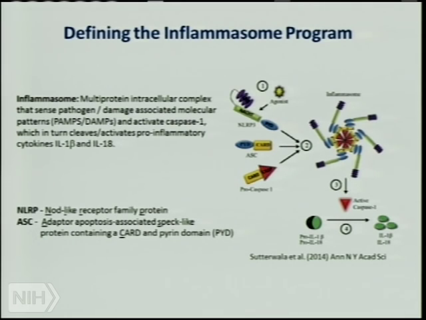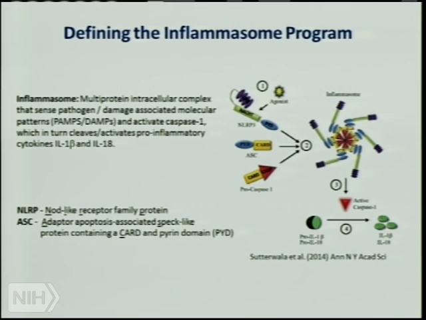So the inflammasome is a multi-protein intracellular complex that senses either pathogens, which are usually extracellular bacteria or crystals or cholesterol, or damage-associated molecular patterns, which could be intracellular. It activates caspase 1, cleaves pro-inflammatory cytokines, and drives the cytokine cascade. There are numerous different inflammasome programs, and a central feature is the NOD-like receptor family of proteins.